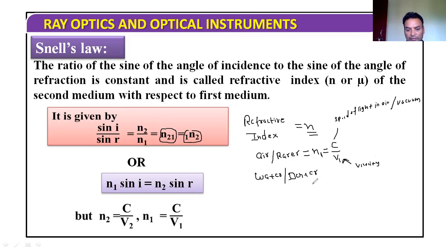Similarly, we can define it in water also, having the refractive index n2, which is equal to C upon V2. This is the velocity in the medium.